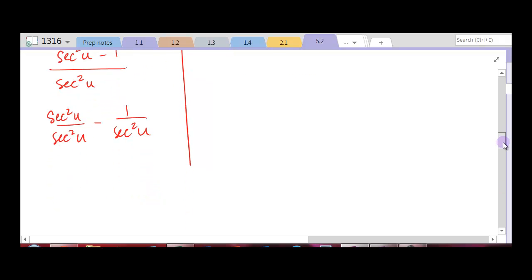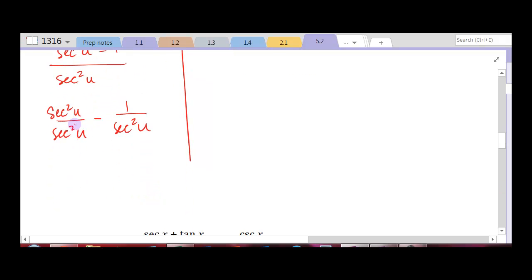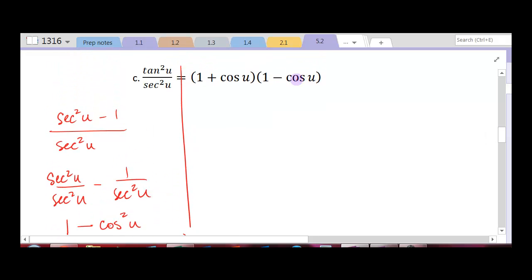And moving from here, I see secant squared u over secant squared u is 1, minus 1 over secant squared u. The reciprocal identity tells me that this is cosine squared u. And then this would factor into 1 plus cosine u, 1 minus cosine u, which is indeed what I wanted to try to show.